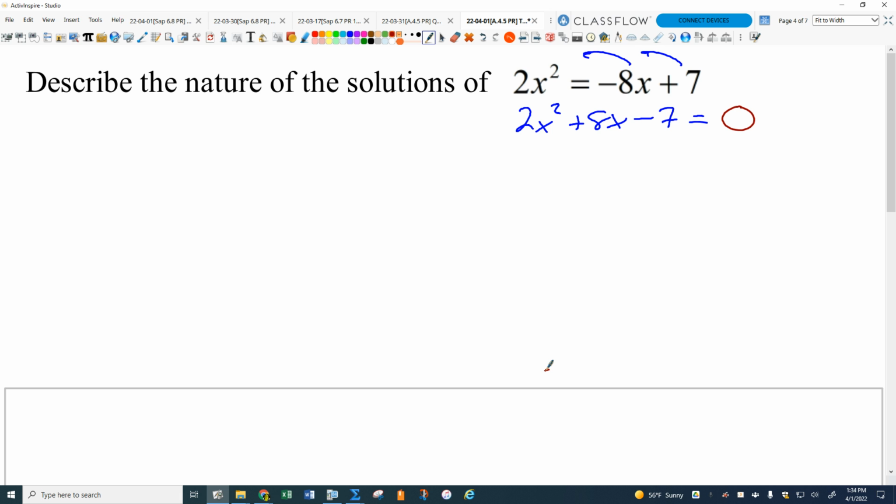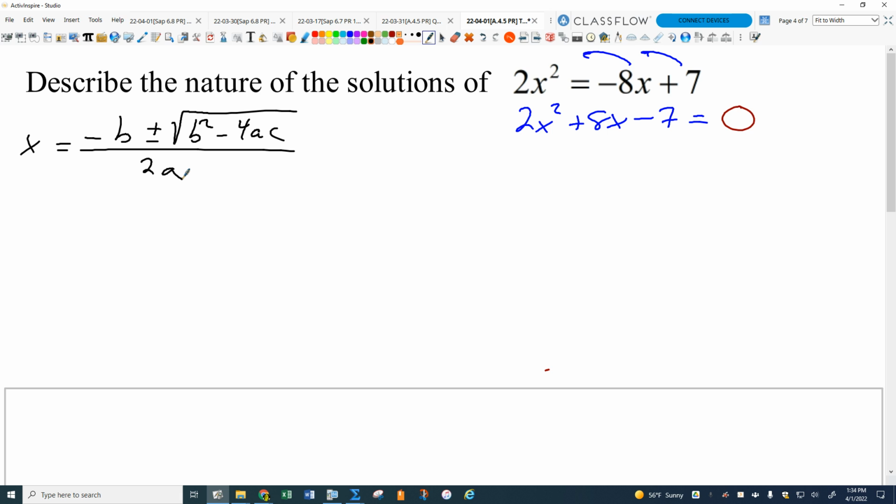Okay, so now we'll plug into the quadratic formula again. This time, you've got to do a better job with the quadratic formula. Come on, people. X equals... That's much, much better.